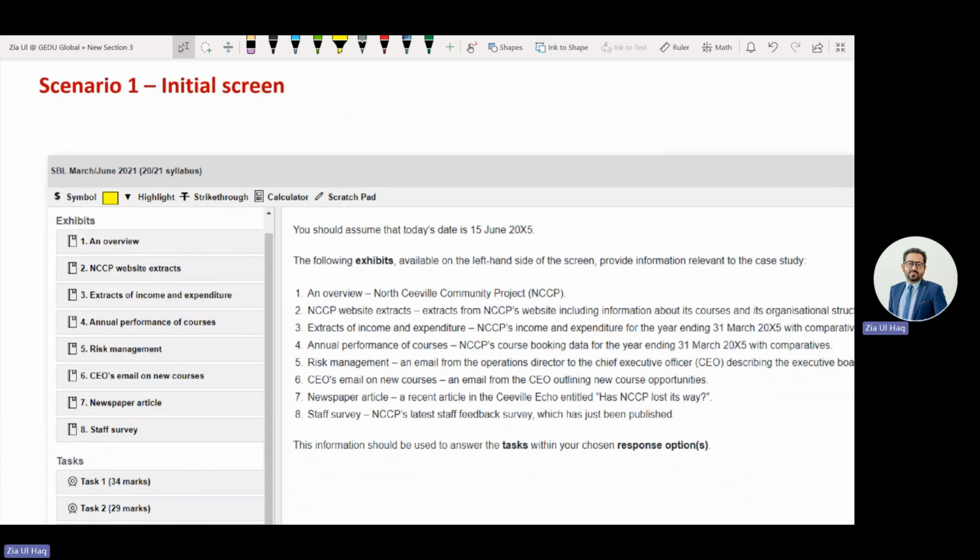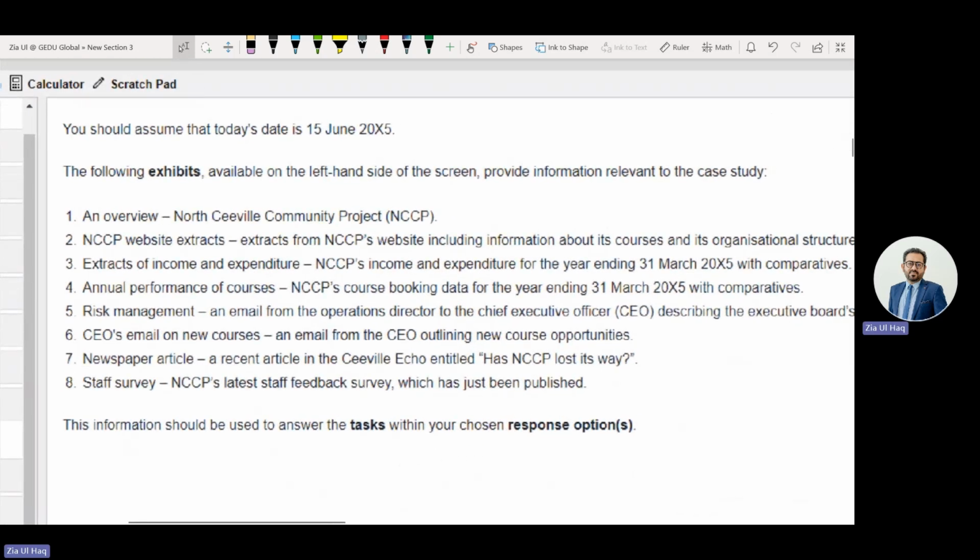So scenario one, initial screen, we are having different exhibits. And there are only 8 exhibits for this question. Information is given in 8 different parts. Exhibit 1 is an overview of North Civil Community Project, NCCP. This means an overview about the company and its business.